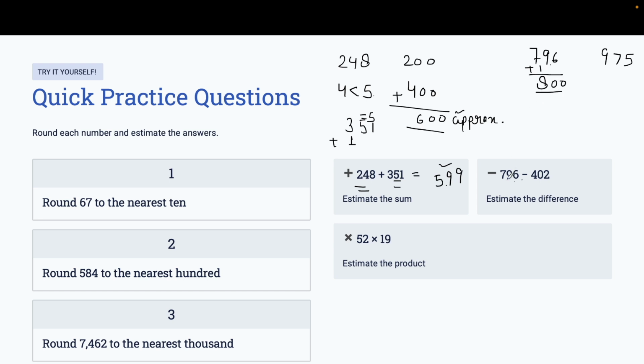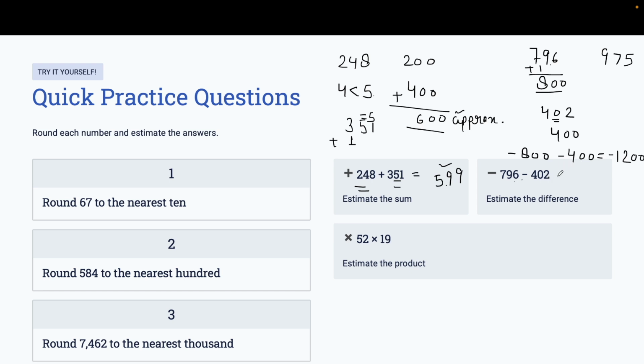So rounding off 796 gives 800. Now 402, when we round off 402, 0 is less than 5. So it becomes 400. Now minus 800 minus 400, minus and minus make plus, the answer is minus 1200.